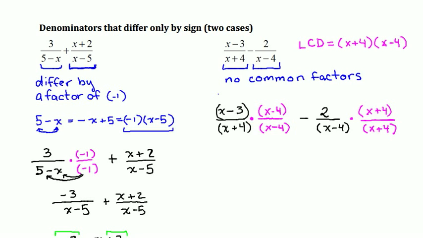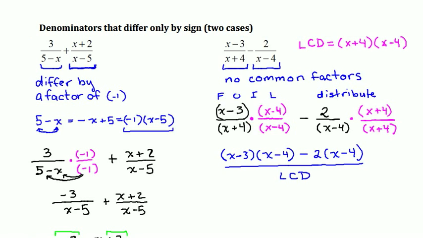Since we have a binomial times a binomial here, we're going to have to FOIL these to get our numerator, whereas the second expression is going to involve the distributive law a little bit more. But all of this really is going to happen in the next step.